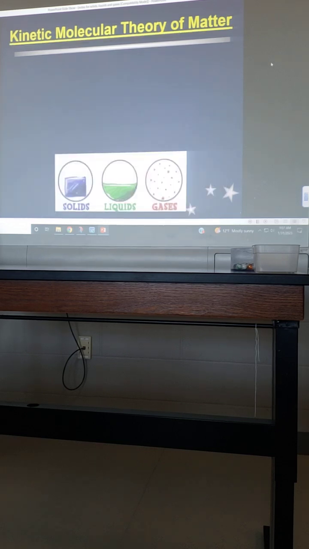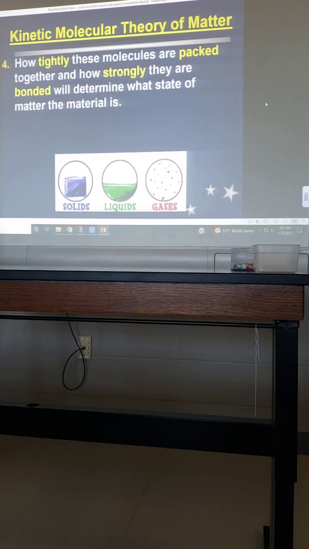Right? And then the fourth idea, this is the one. And this is what I said is the key behind basically this whole unit. How tightly packed the molecules are and how strongly they're bonded will determine what state of matter the material is in.